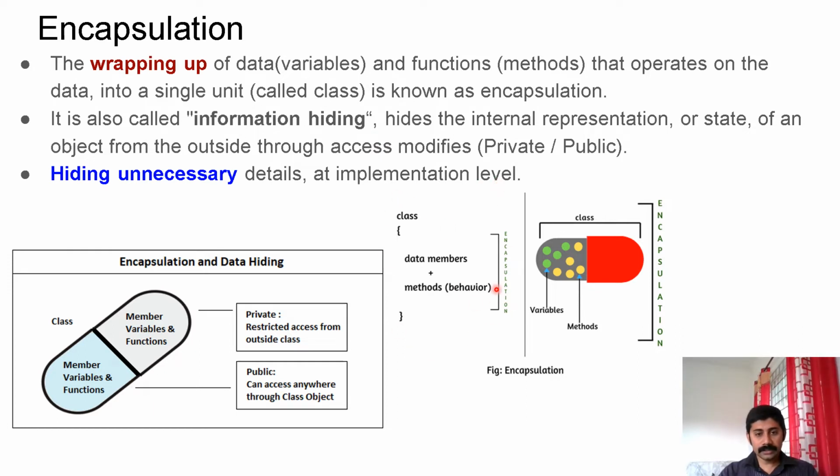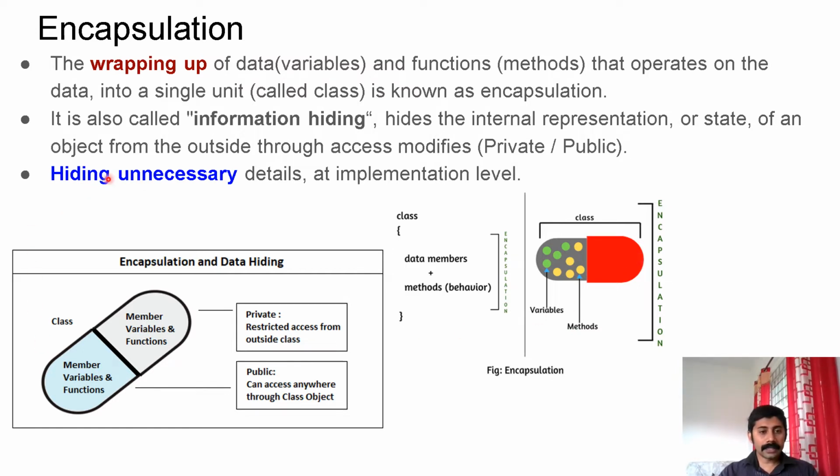In this part you can see the way of representing an encapsulation in a programming language. In a class, there will be data members and methods. We are bundling the data members and methods into a single unit called class. So if you see the example of the capsule, within the capsule there will be variables or data members and there will be methods. You are bundling everything as a class.